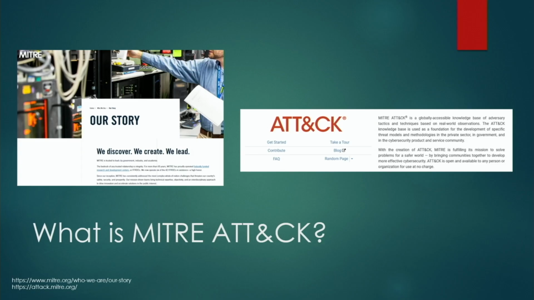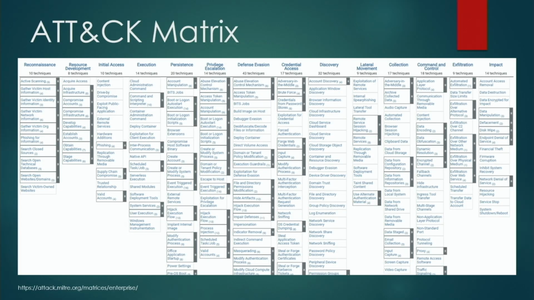It is defined on its website as a globally accessible knowledge base of adversary tactics and techniques based on real-world scenarios, meaning it's based on actual adversary behaviors. It doesn't take into account things that are done in research labs or POCs that are not actually out in the wild. ATT&CK stands for Adversary Tactics, Techniques, and Common Knowledge.